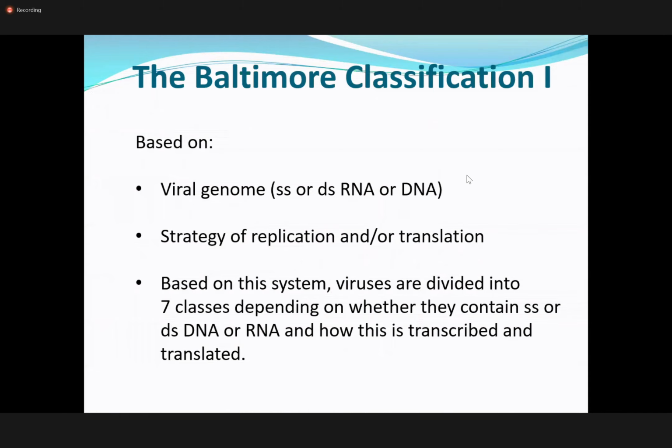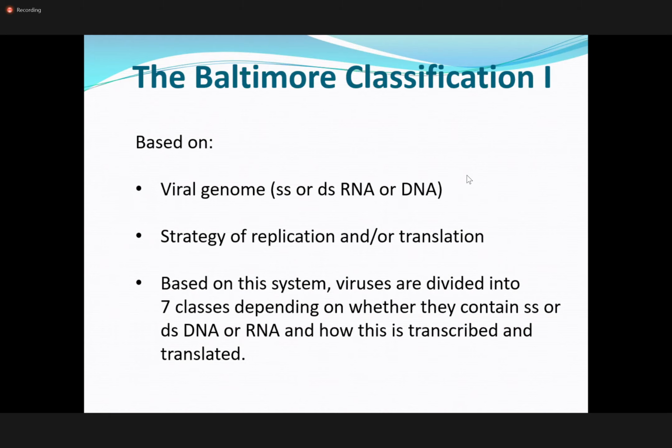So this just goes to show how problematic the field of virology is in naming viruses, because some viruses are named depending on the type of disease they cause, like hepatitis virus. Some viruses are named based on where they were discovered, like Ebola virus or Bunyamwera virus.